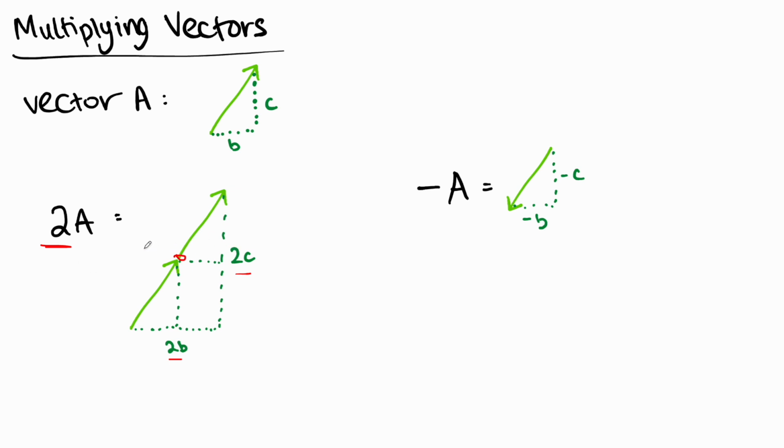And obviously, you also double the magnitude in this case. But theta here is still the same. So these two are just like similar triangles.